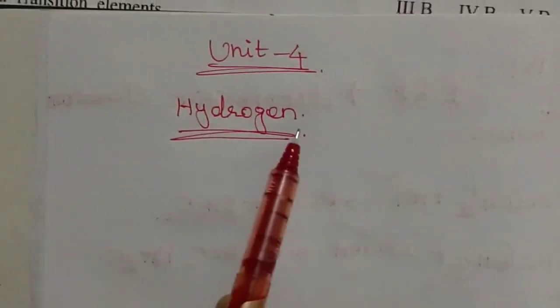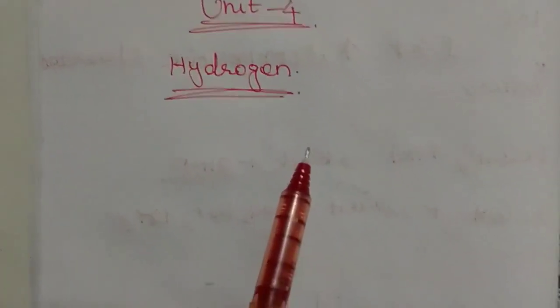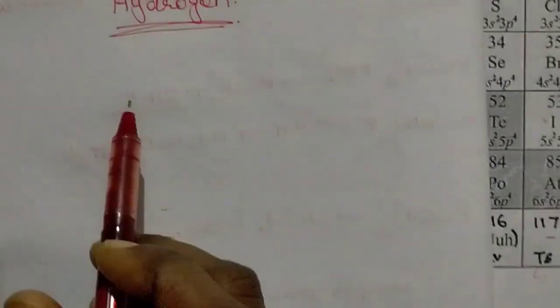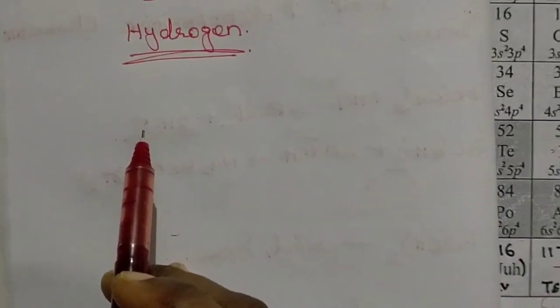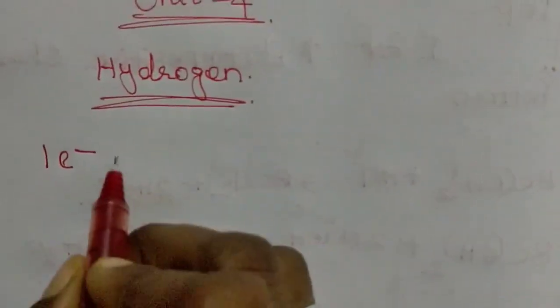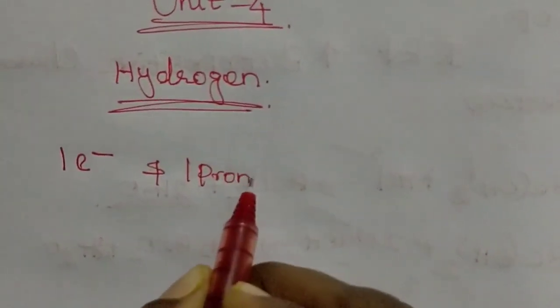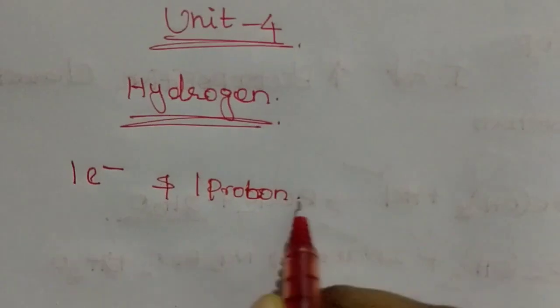So hydrogen plays an important role in our daily life. Hydrogen is the simplest atom, containing only one electron and one proton in the nucleus.